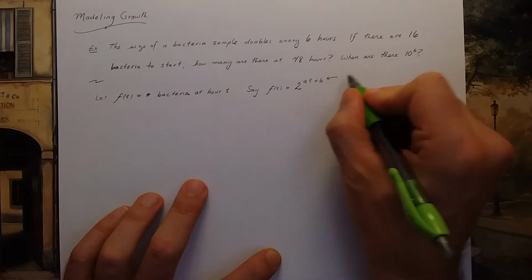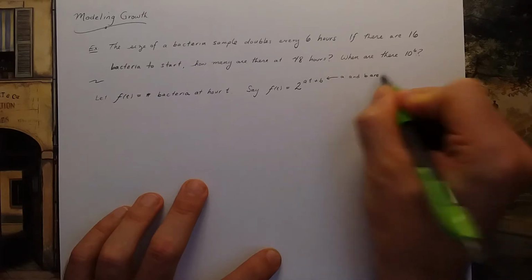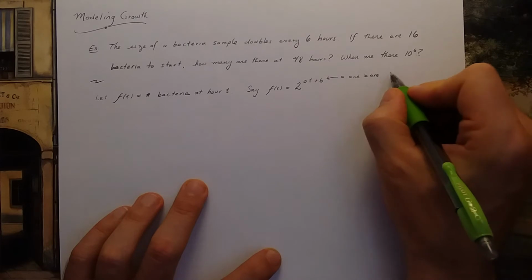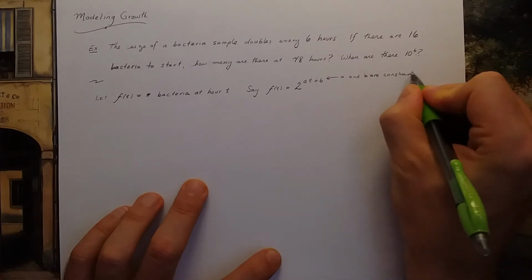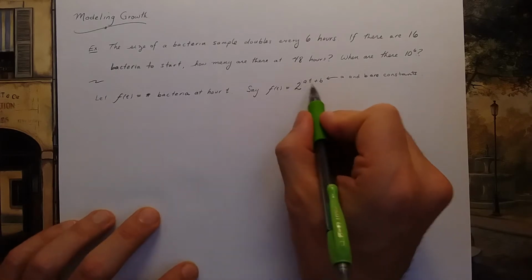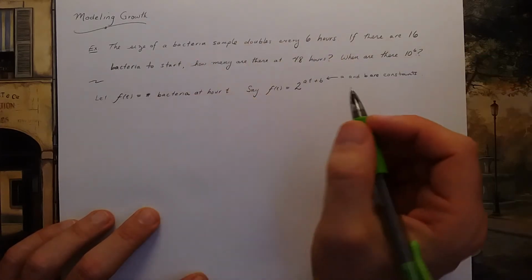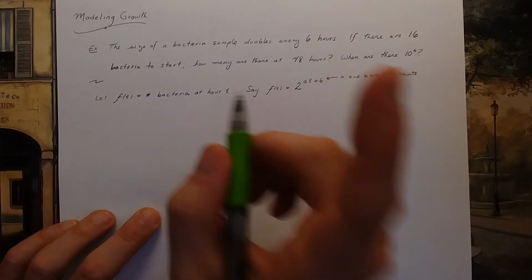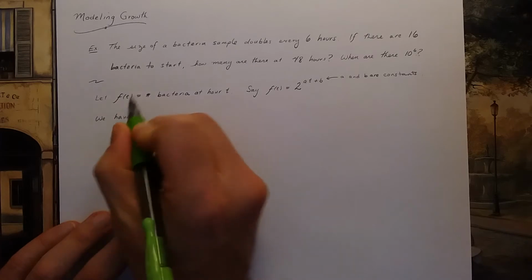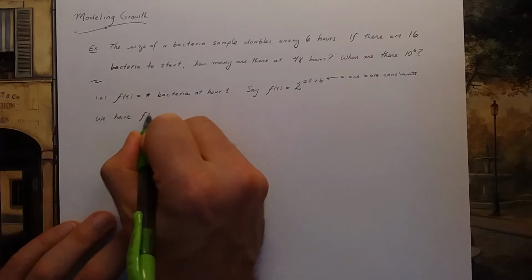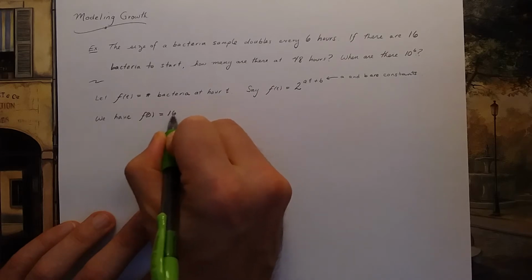Here, a and b are some constants that I have to find out. Once I know a and b, I can answer the questions about this situation. So we know that if I plug in 0 for t, I get 16.